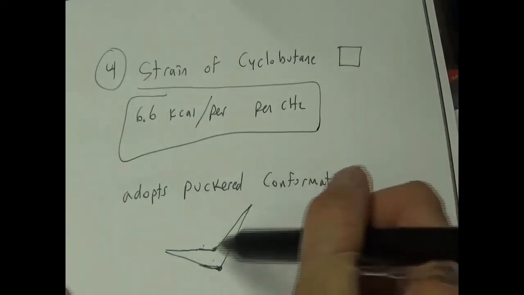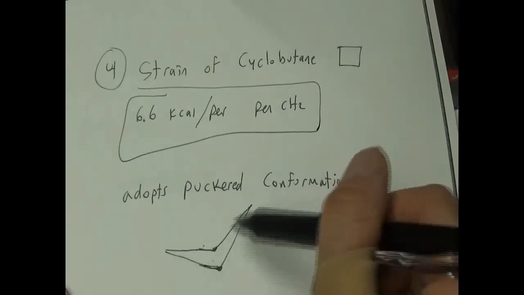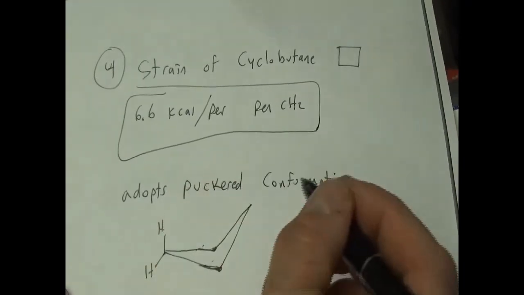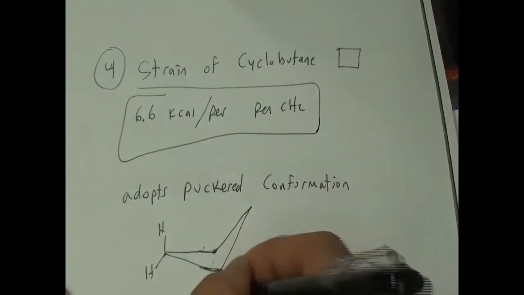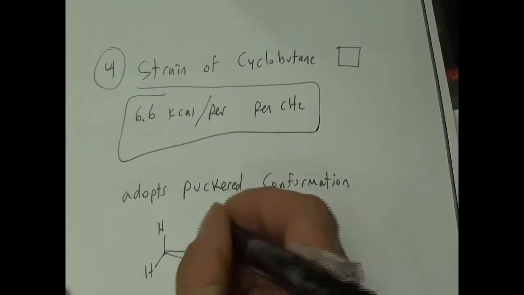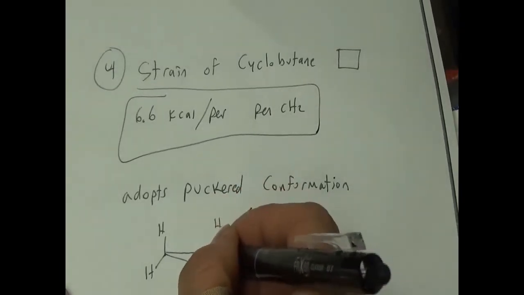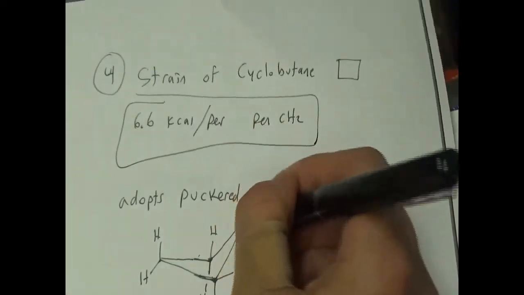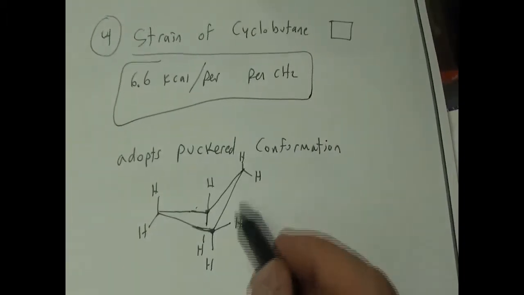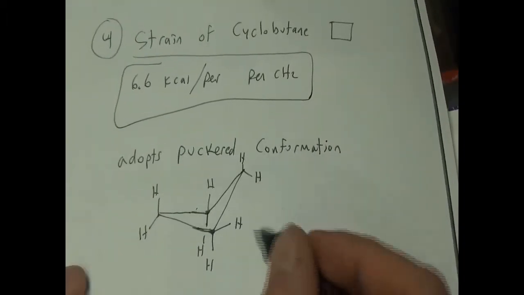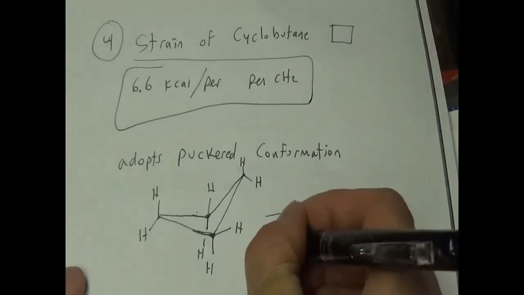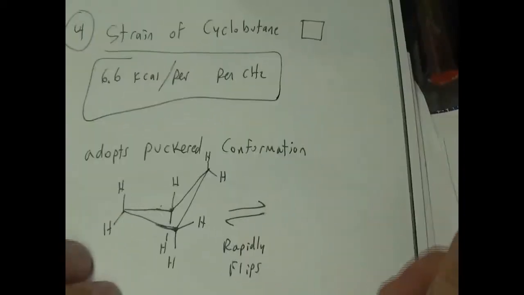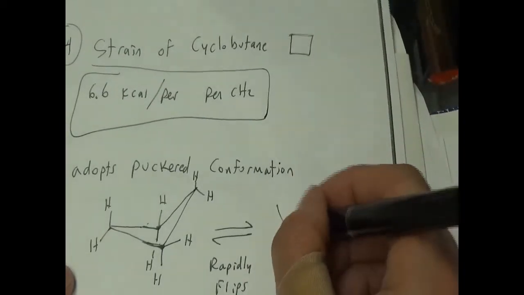Well, it changes its structure to try to relax the bond angle strain, and so you get CH2, CH2, and then here you have an H going here and an H going there, and then on this one there's an H going up, an H going down, and then an H going here and an H going there. So it's kind of like this bent shape of cyclobutane, and it rapidly flips to an alternate conformation, which looks more like the opposite, right?